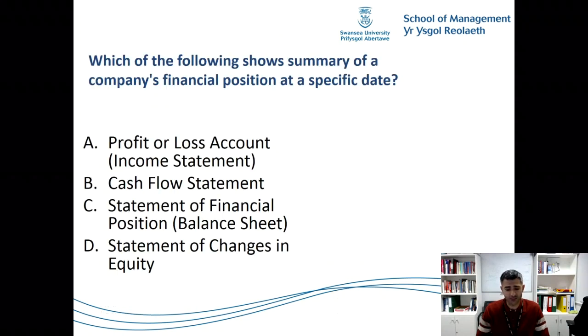Quickly now, let's have a look here. Which of the following statements shows a summary of a company's financial position at a specific date? Which statement did we just do? The statement of financial position. How about this question?